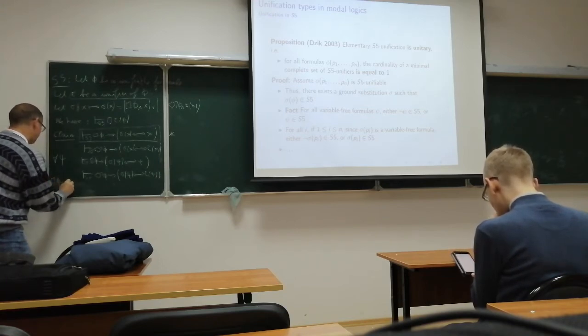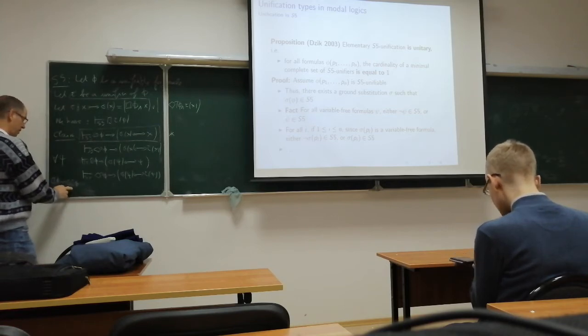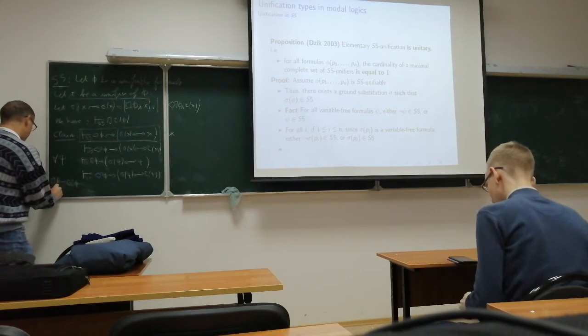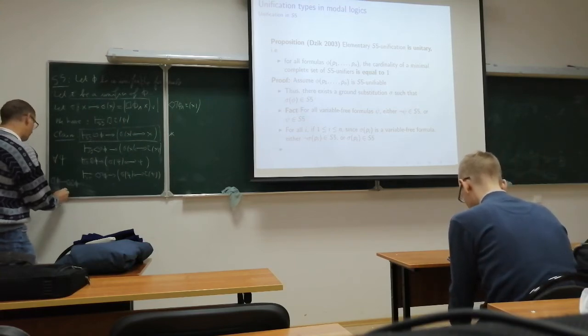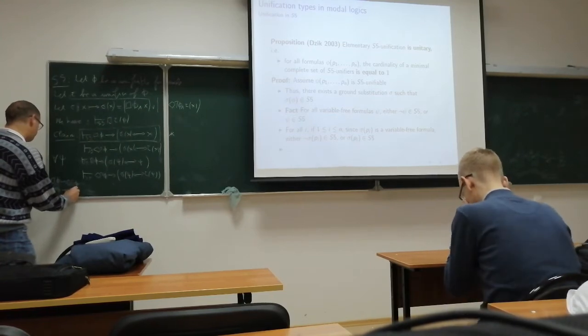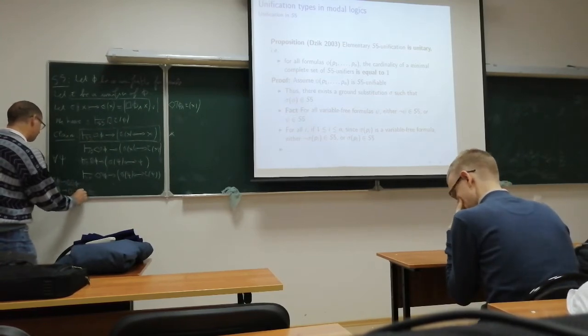It is explicit when we do it in detail. We need to use this validity, which of course is derivable in S5, and this one: diamond not phi implies box diamond not phi.